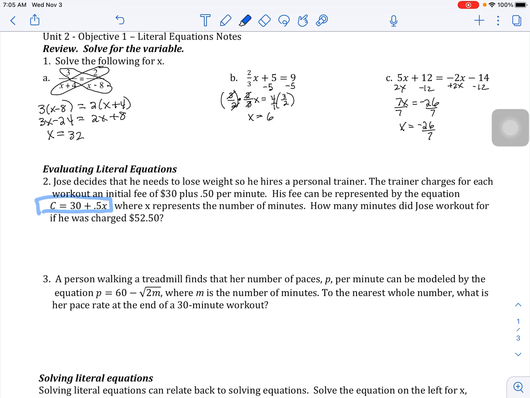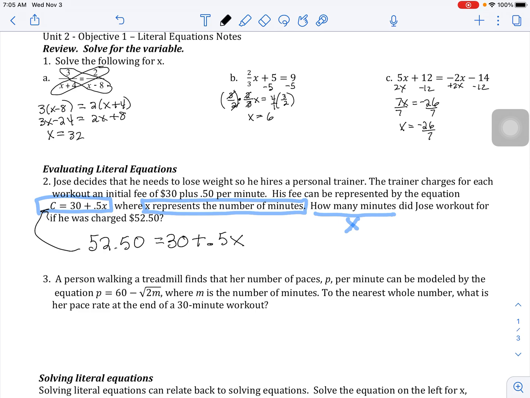X is the number of minutes. That's important for you to know what the variable represents. How many minutes? So we're looking for X. Did Jose work out if he was charged $52.50? So $52.50 is going in for C, 30 plus 0.5x, and then just normal solving.